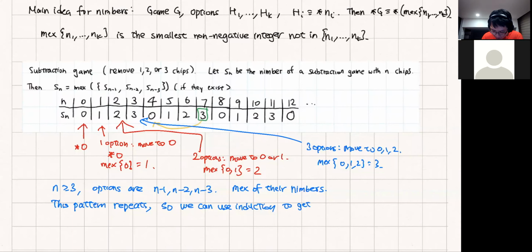So what did we say about this one? The number of n is 0 if n is 0 mod 4, 1 if it's 1 mod 4, 2 if it's 2 mod 4, and 3 if it's 3 mod 4.